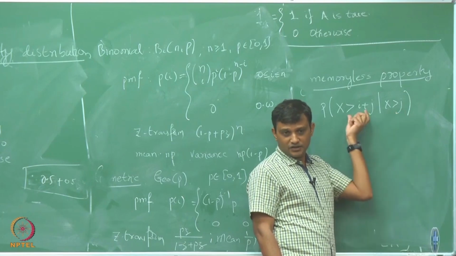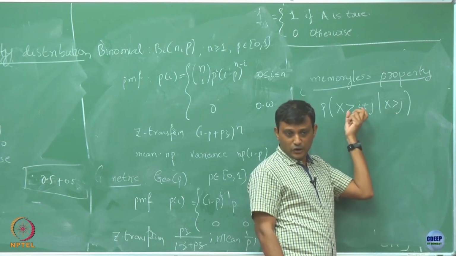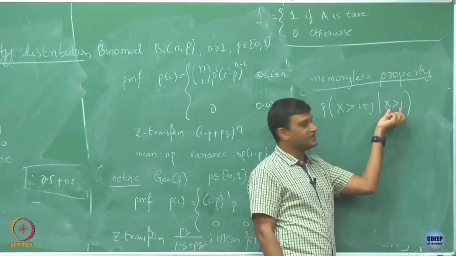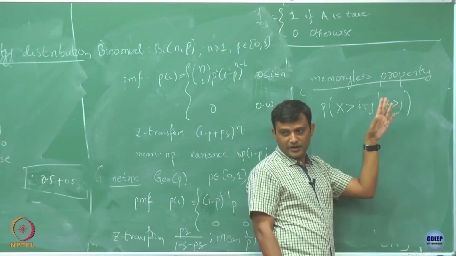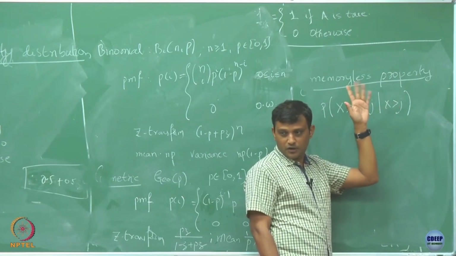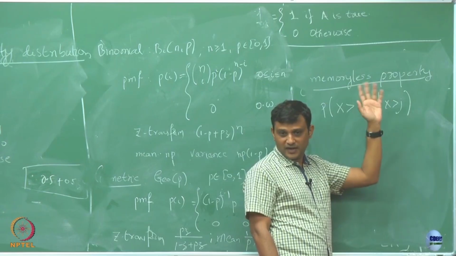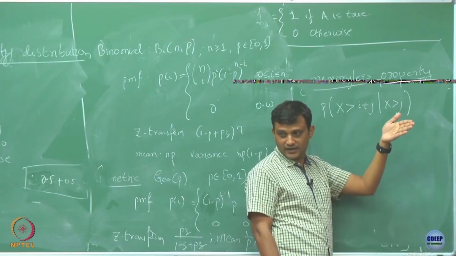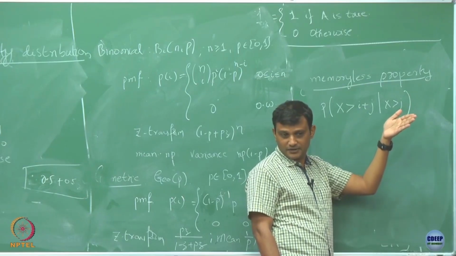And now you are asking, what is the probability that this is going to be more than i plus j? Let's say somebody told you that guy took 4 attempts to clear an exam. Now you want to ask, what is the probability that he is going to take 7 attempts to clear the exam, given that he has already taken 4 attempts?